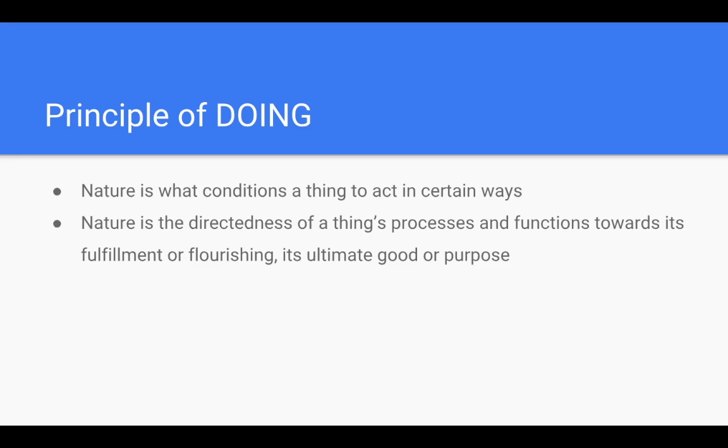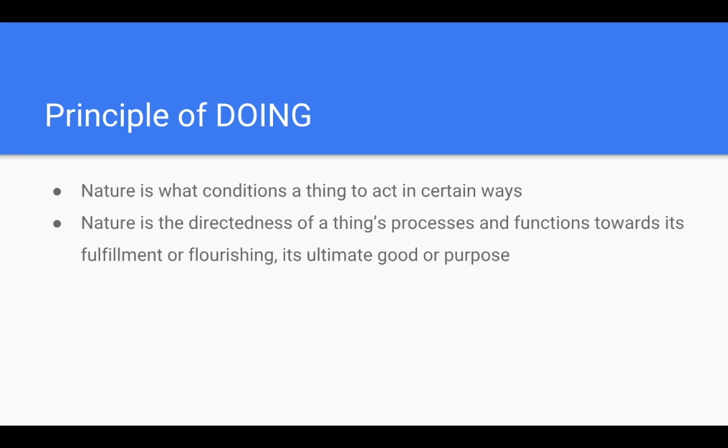Basically, all the functions, all the processes, all the ability to act for created things, all of those things are directed towards something. They have a purpose, they have a goal, they have a reason for existing, and it is for the flourishing or the fulfillment of that particular thing.